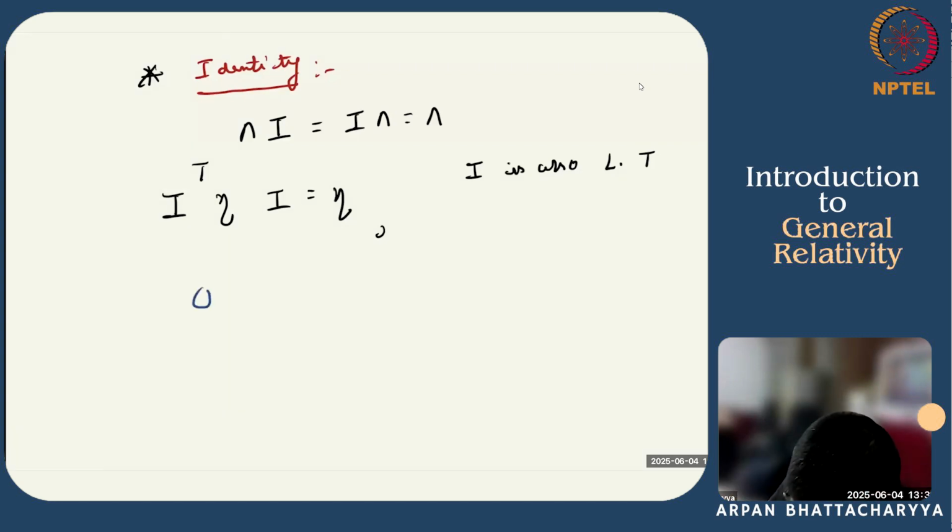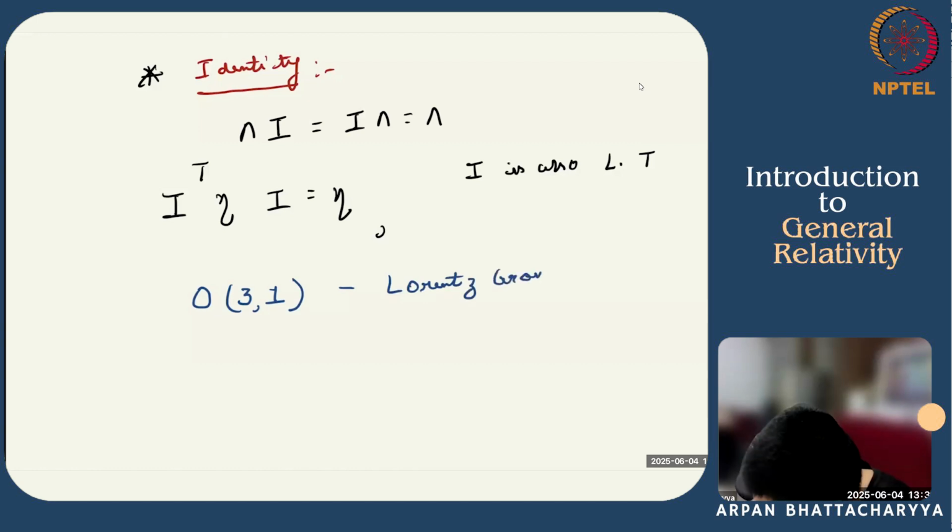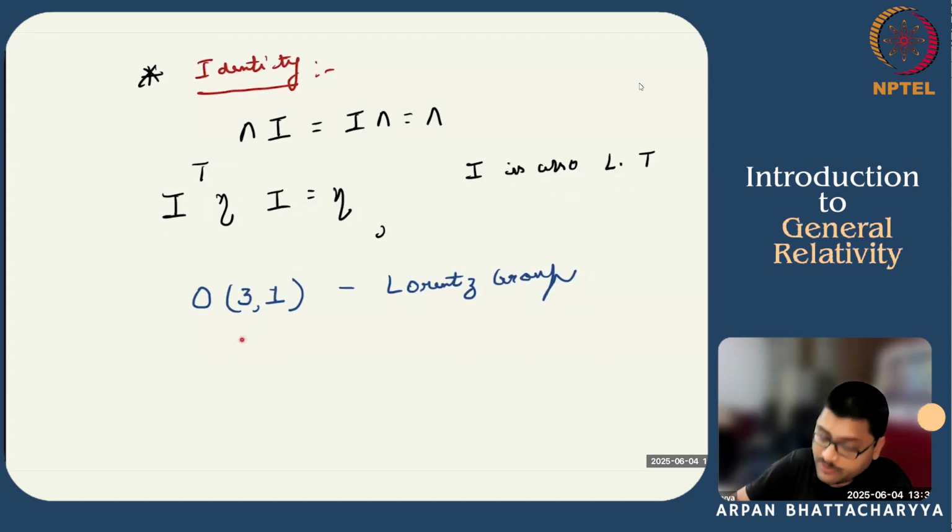and we call the group the Lorentz group, which we denote by the symbol O(3,1). Now, what does this 3 and 1 mean? The 3,1 refers to the signature of the underlying spacetime. That is, it is counting how many positive and negative eigenvalues the Minkowski spacetime has, and we know that it has 3 positive eigenvalues and 1 negative eigenvalue, and hence we say that the Lorentz group is denoted by O(3,1).